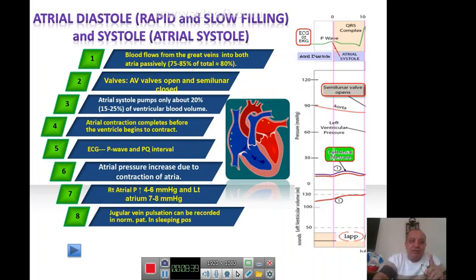We can find it during sleeping or lying position in normal patients, but in abnormal patients with heart disease, we can find pulsation even in standing position. Okay, so this is the event.